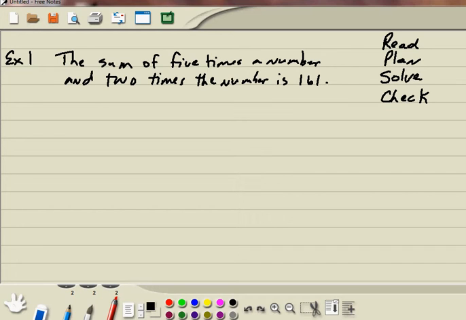And so they want you to find that equation. Well, let's look at some keywords here. Sum means addition. Times means multiplication. I have another times here. And anytime we see the word is, it's the same as saying equal to.